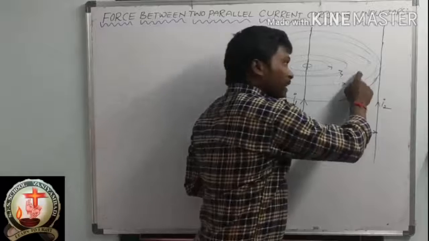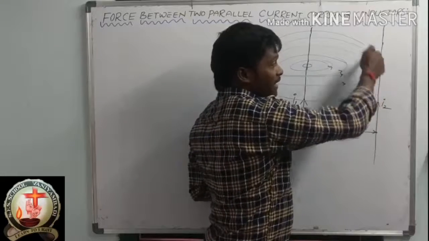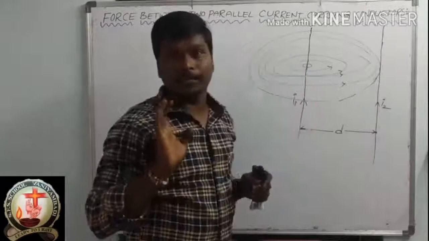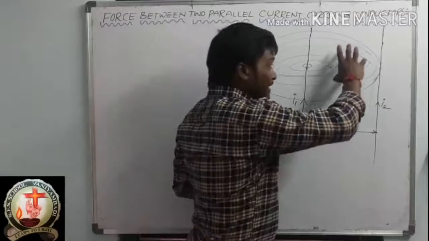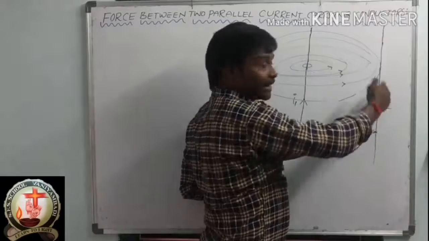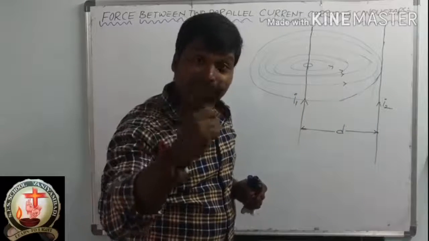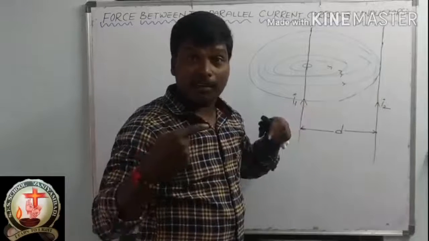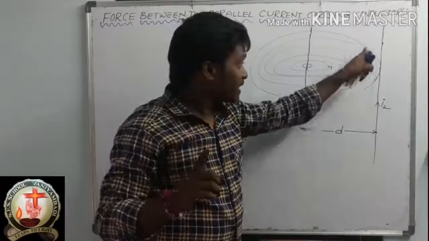In this magnetic field region, this second conductor is placed. Whenever a current carrying conductor is placed in a magnetic field, what will happen? That current carrying conductor will experience some force. Correct. So this is the magnetic field region.